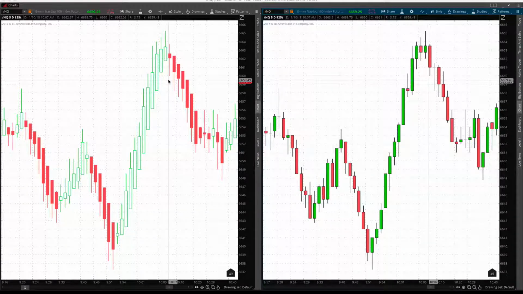Now, one of the great things about Heikin Ashi charts, and the reason they're so useful, is that they really show trend and momentum right in the chart. It's very easy to see trend and momentum within the chart itself once you get used to reading them.